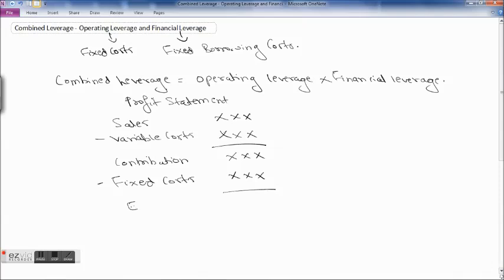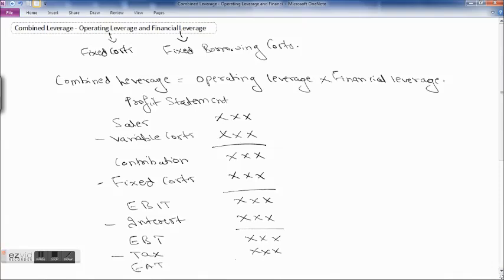After this you have earning before interest and tax, minus your interest expense. Then you have earning before taxation, minus your tax. So you have earning after tax.